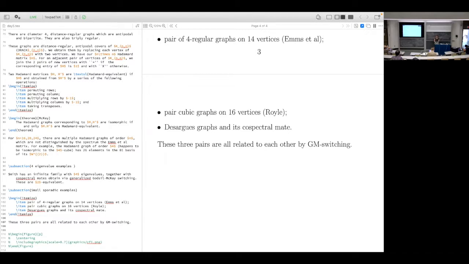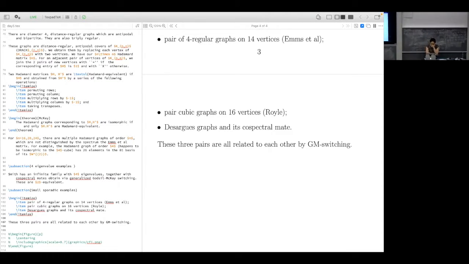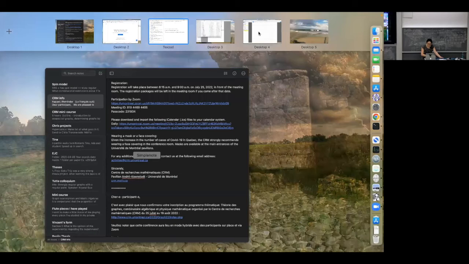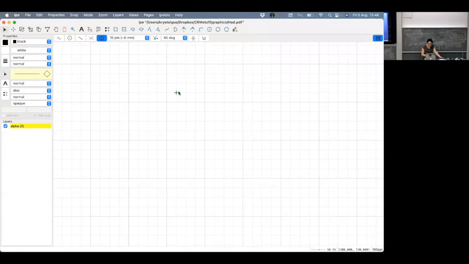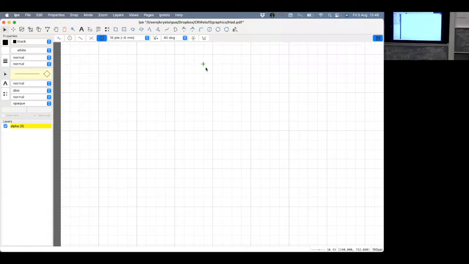Do I need to define Godsil-McKay switching? There are various versions, and I didn't want to define it, but anyway, let's just do it. This was for Hadamard matrices, but I actually did not draw the diagram.